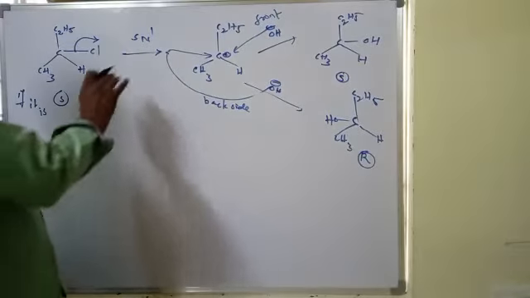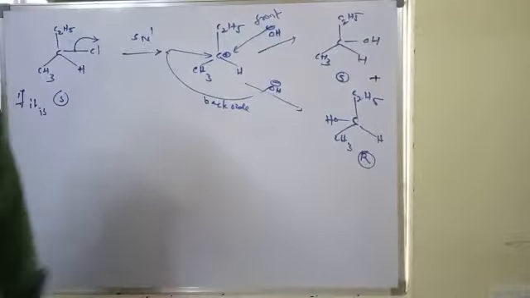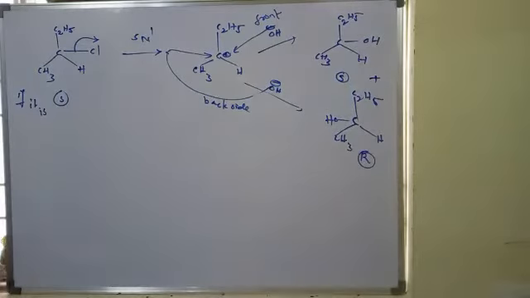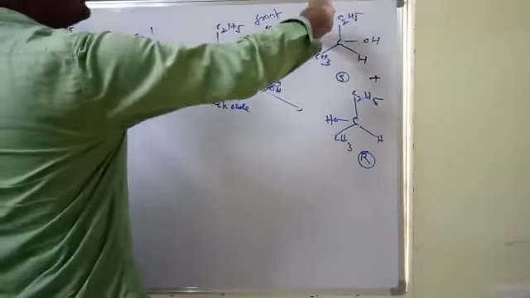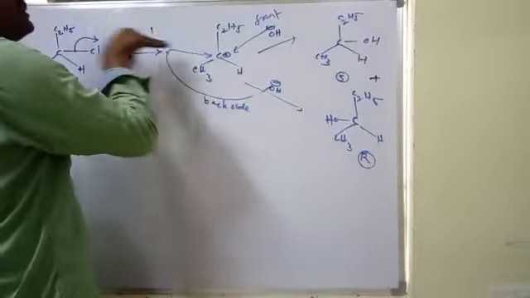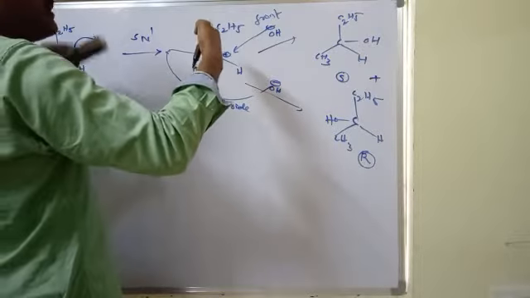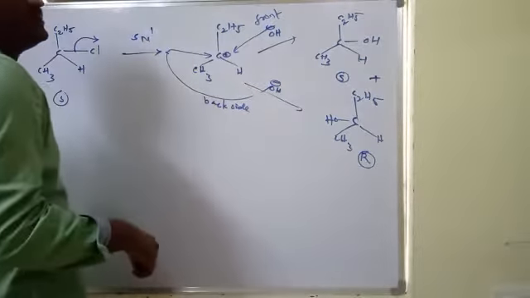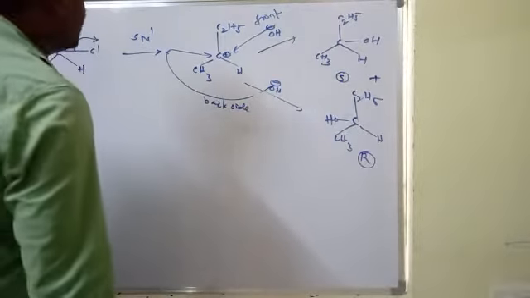So in the SN1 mechanism, after formation of the carbocation intermediate, there is a chance to attack from the front side and back side, because this is trigonal planar shape. So we get two types of product, and racemization takes place.